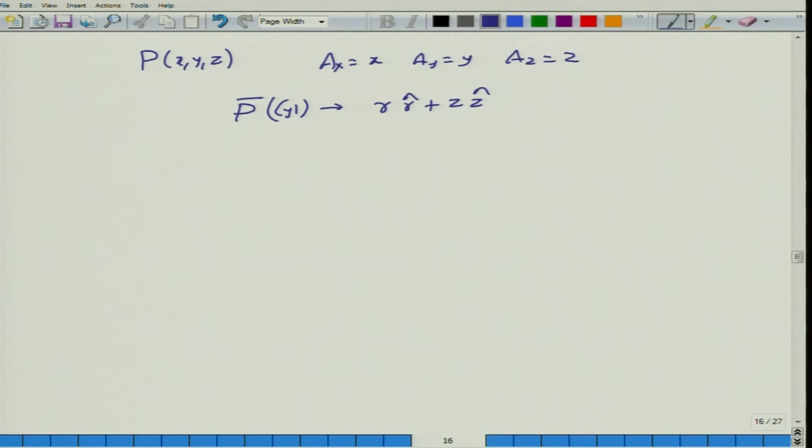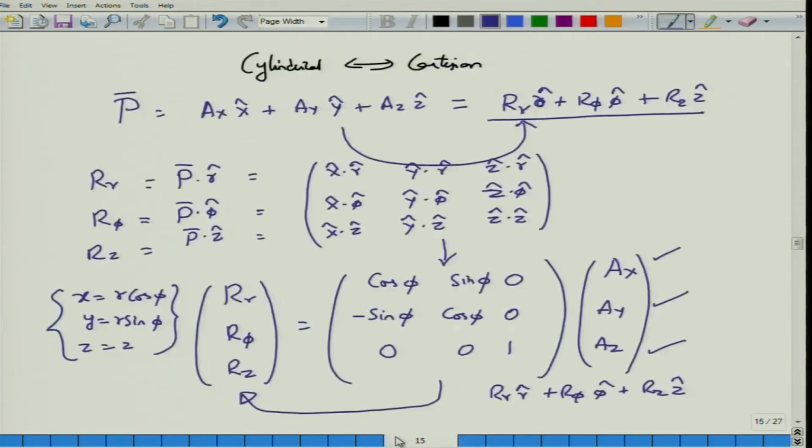So, you can transform rectangular into cylindrical. You can actually go back and do the same thing. To go from cylindrical to Cartesian coordinates, you just have to invert this particular matrix and replace phi by tan inverse y by x, r by square root of x square plus y square, and z of course will still be equal to the same value of z.